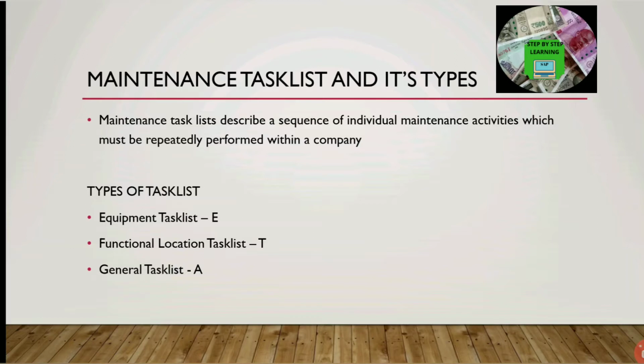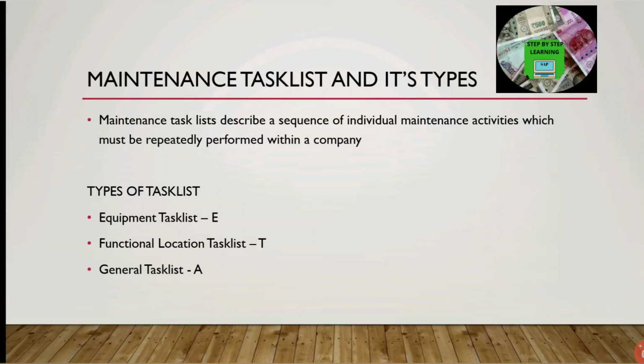But in case of preventive maintenance, it is a better option to create one general task list for similar equipments where we need to do similar operations, and link this general task list to the particular equipment in the maintenance plan. So that is the concept of the 3 types.